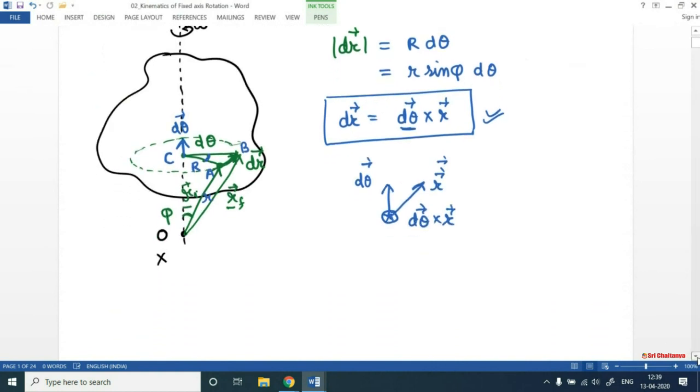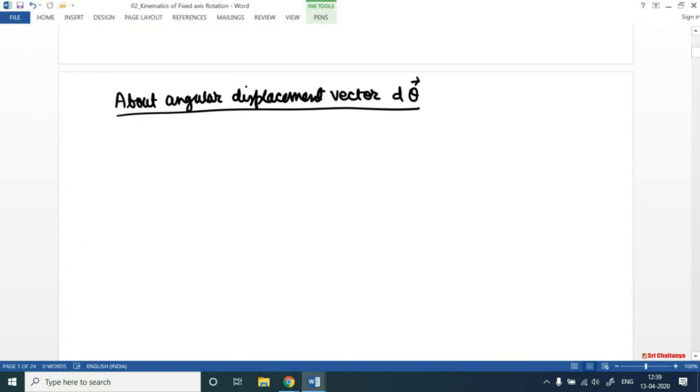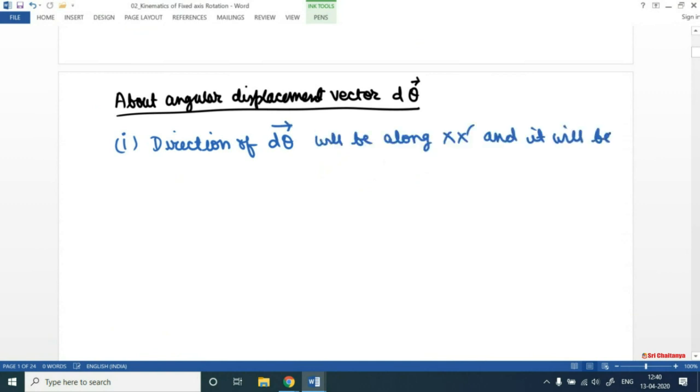So now let's talk a little bit more about angular displacement vector. So first of all, we must realize the first point, that the direction of angular displacement vector d theta will obey the right hand screw rule.